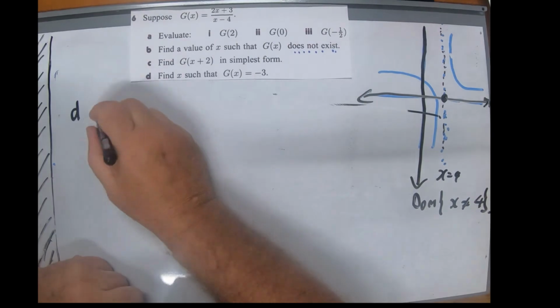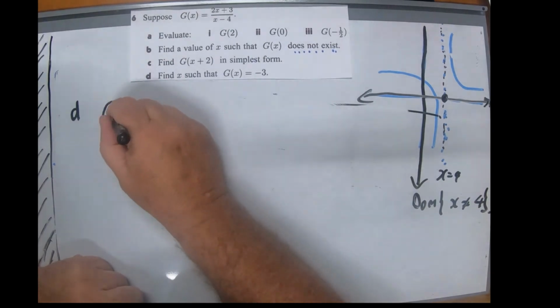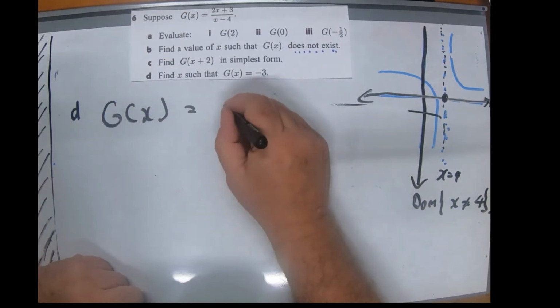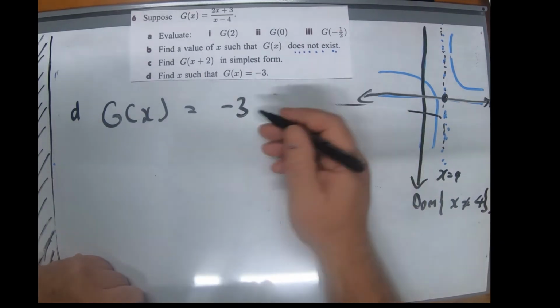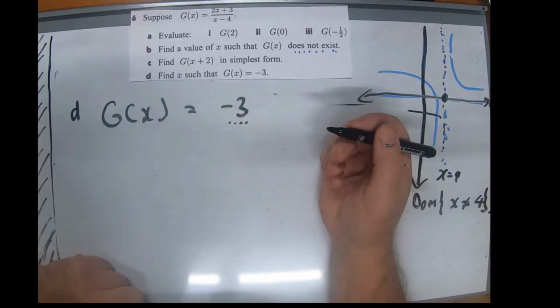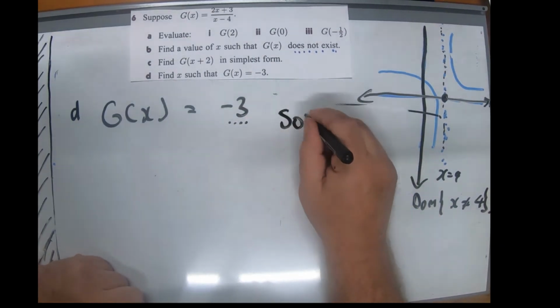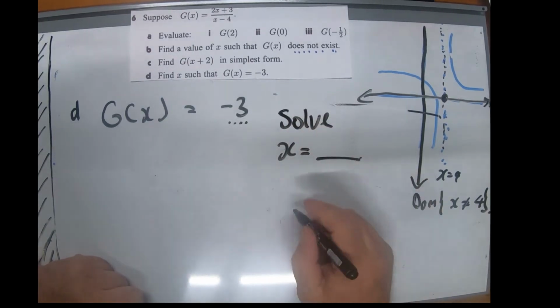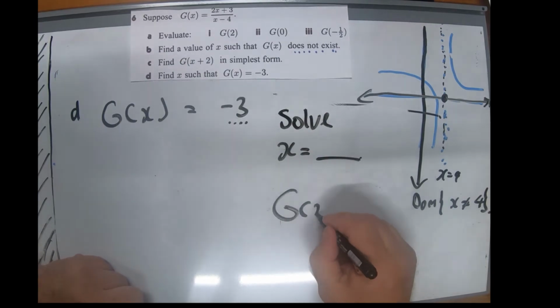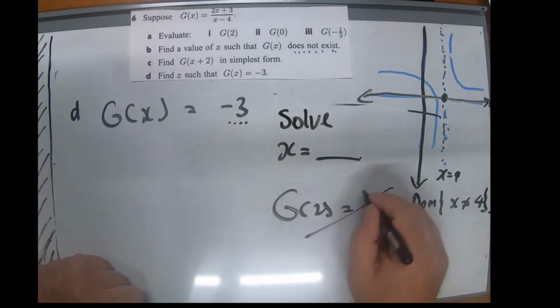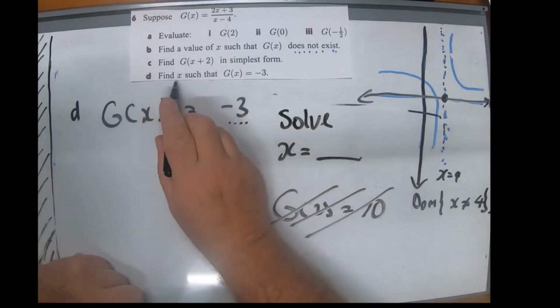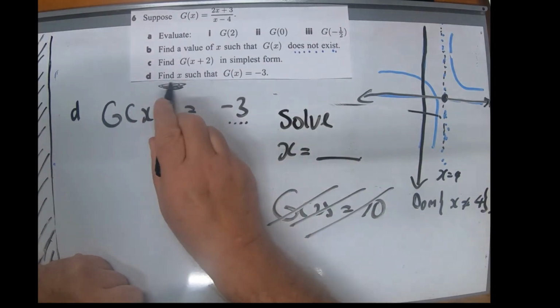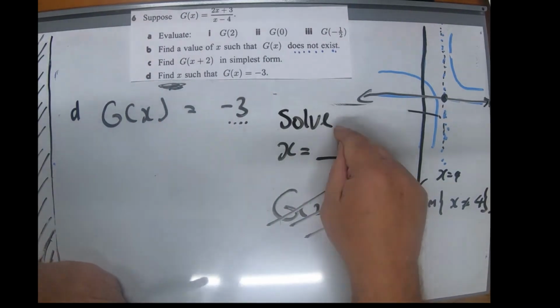For part D, getting a bit more interesting, looking for when g of x equals minus 3. It's giving me the answer this time. I'm not sure what's going on. This is a solve question. This question will finish with x equals a number. It will not finish with g of 2 equals 10. It's not that sort of question, because it says find x, another word for solve.